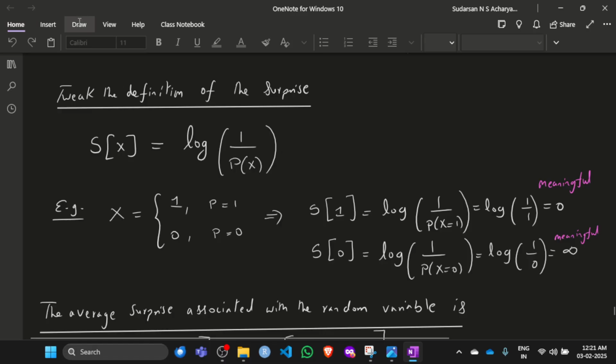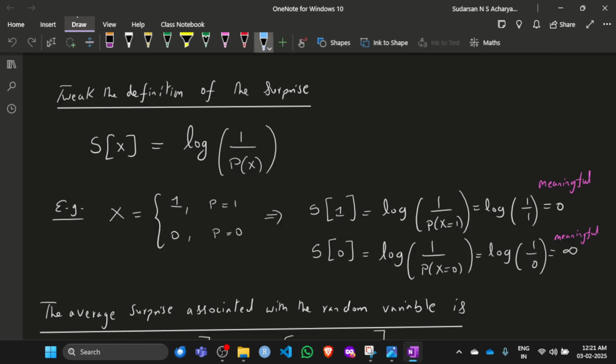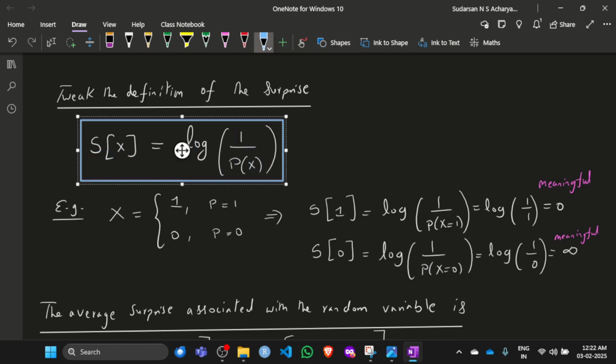So this was the tweaked definition. This is the correct definition of surprise associated with the random variable taking a particular value.